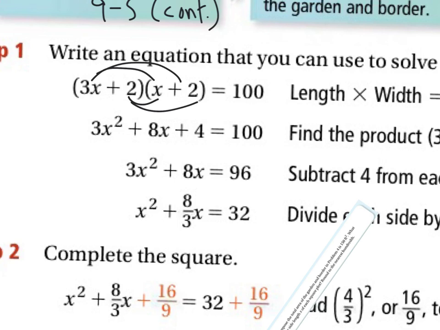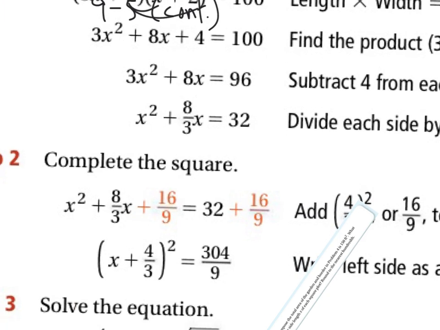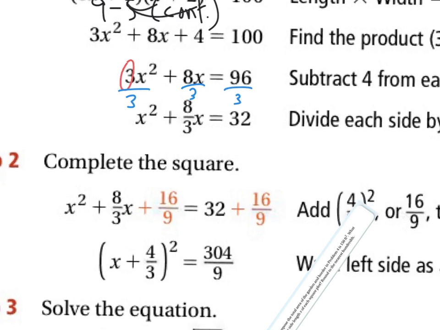It's like they're assuming this is not going to factor, so they're moving the constant over to the other side like we did in the first part of this section. After that, there's a number in front of the x squared, so they had to divide each of the terms by 3. And that's how they got this.